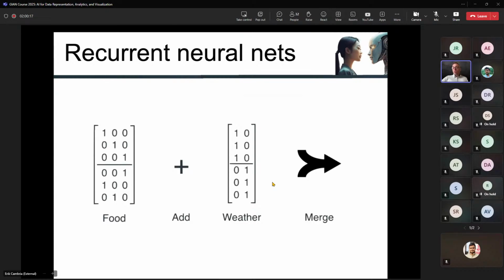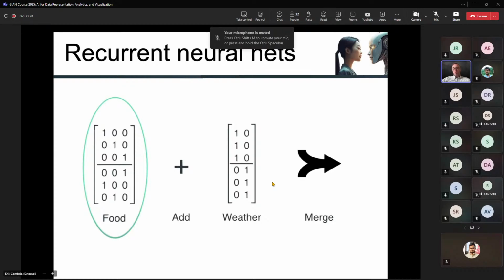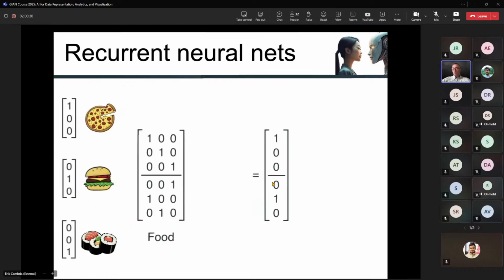So here we have to start doing a bit more complex operations, but the takeaway is that we're still just doing multiplication of matrices. I represent the food in these two halves. Why? Because I want to know what to do, the current food and the next one. But the way it works is the same as before.